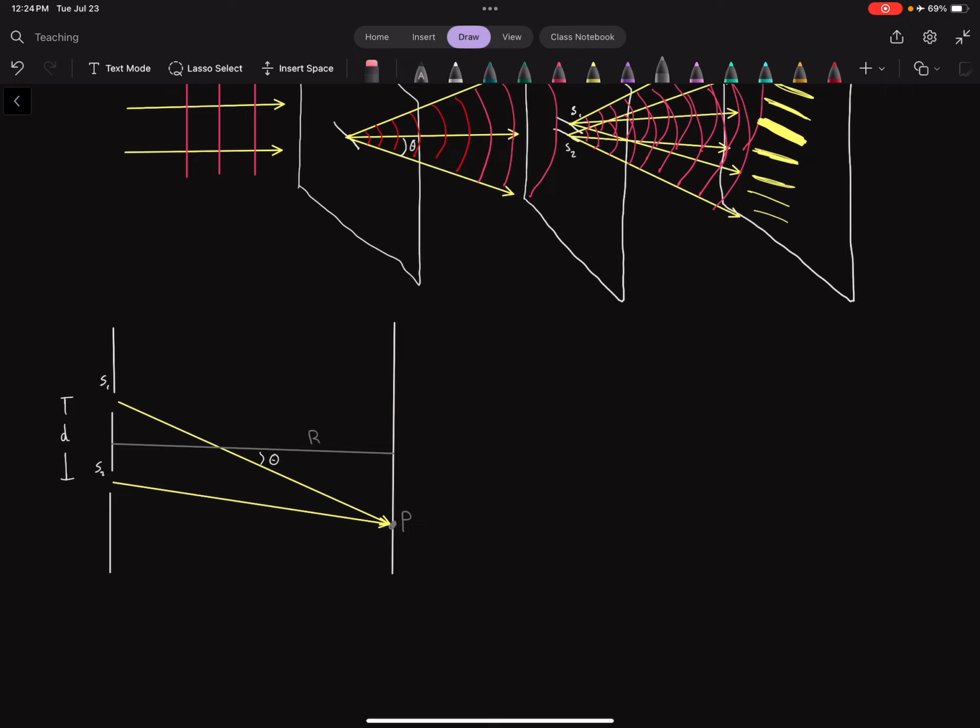And the same angle can be identified here, theta. And then in that case, this right triangle, right, we can say this is d sine theta. Okay.